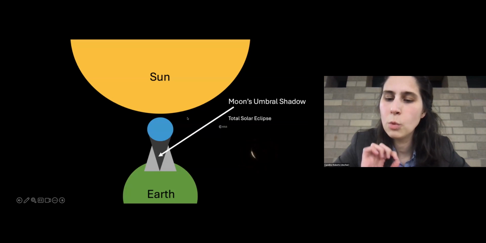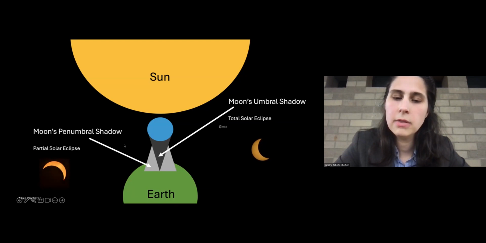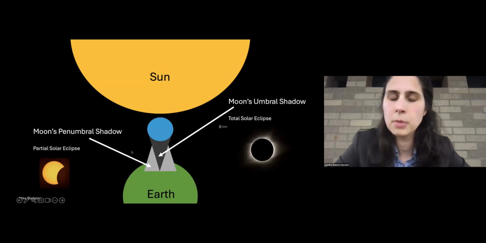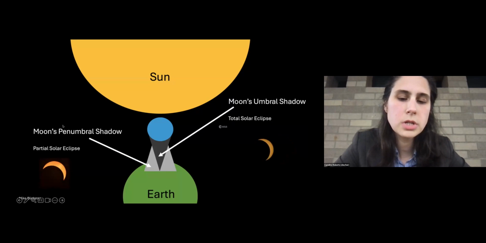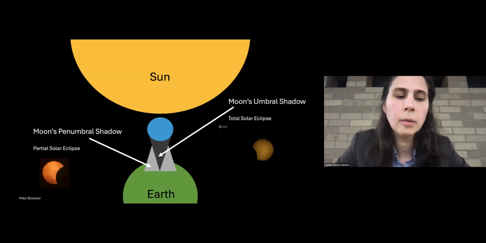But there will come a moment when the moon completely blocks the sun. And in that moment, you see the outer atmosphere of the sun, and it's really a tremendous moment. If you are in the penumbral shadow of the moon, you do still see the sun blocked by the moon, but it never completely covers it up.